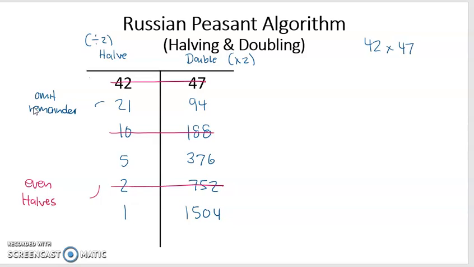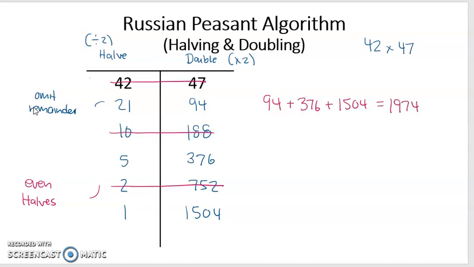Now, what you need to do is just add up the remaining values in the doubling column. You've got 94 plus 376 plus 1504. When I add those up, that equals 1974.